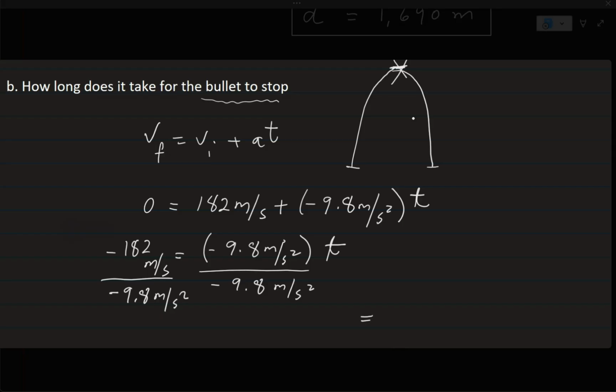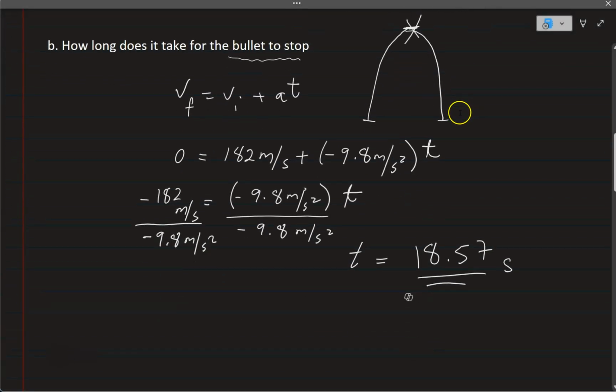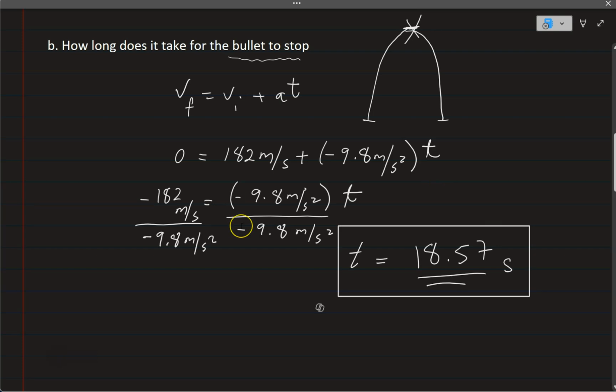And we get T equal to 18.57 seconds to reach that height, and the bullet will stop. Okay, that's the first one, but there is a second one, and we're going to get to that as well. So this is the T at the top, and now let's look at part C.